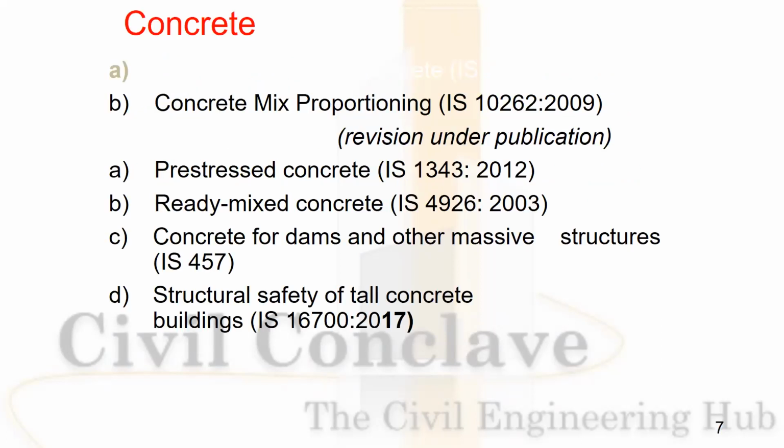Concrete: mix proportion, refer IS 10262. Pre-stressed concrete, IS 1343. Ready-mix concrete, IS 4926. Concrete for dams and other massive structures, IS 457. Structural safety for tall concrete buildings will be IS 16700.